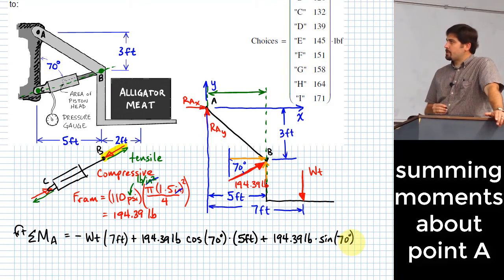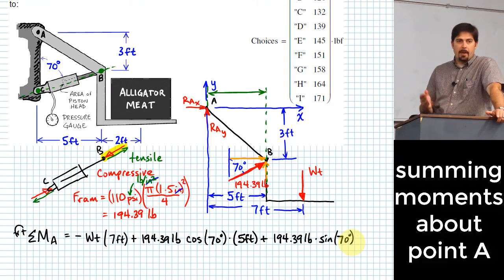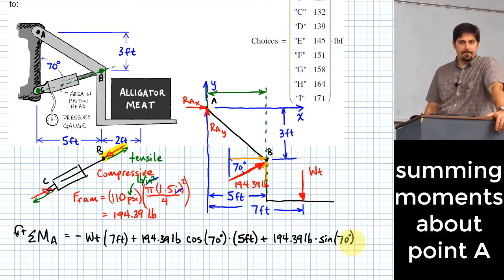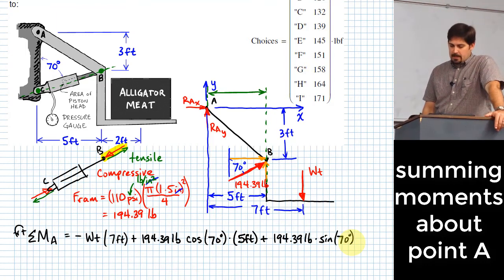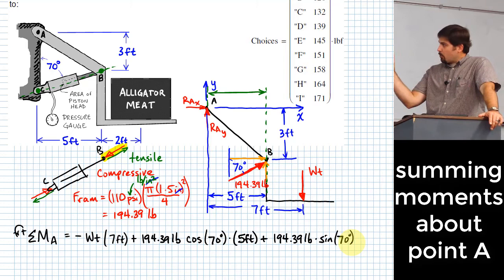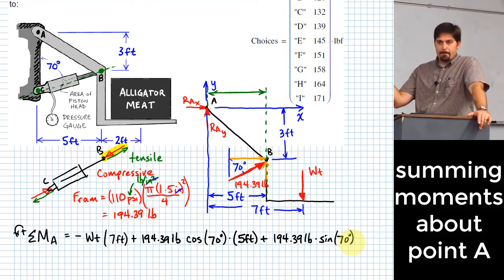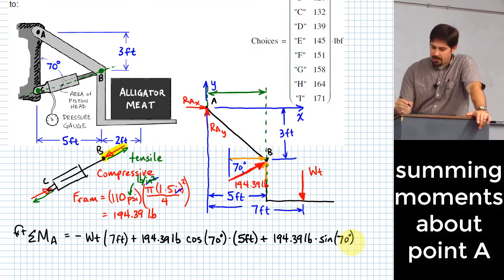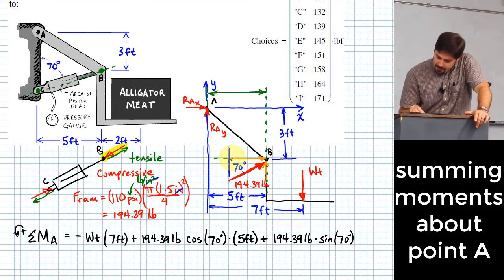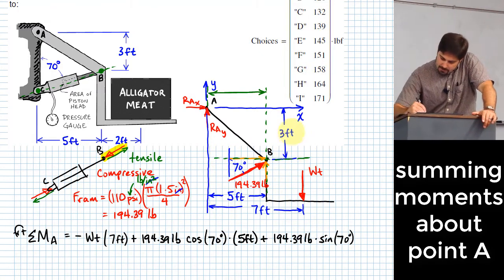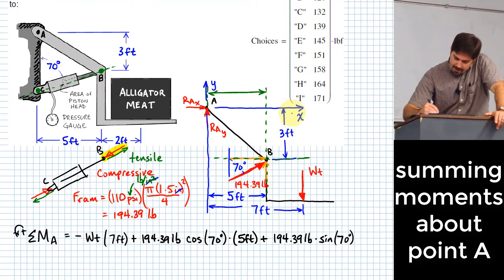That picks off just the horizontal component because it is opposite of where the angle is measured, right? And that much gives me my horizontal component. What do I need to do to make it a moment? Multiply by, okay, its line of action was right here, and so it is 3 feet from that line of action to point A.